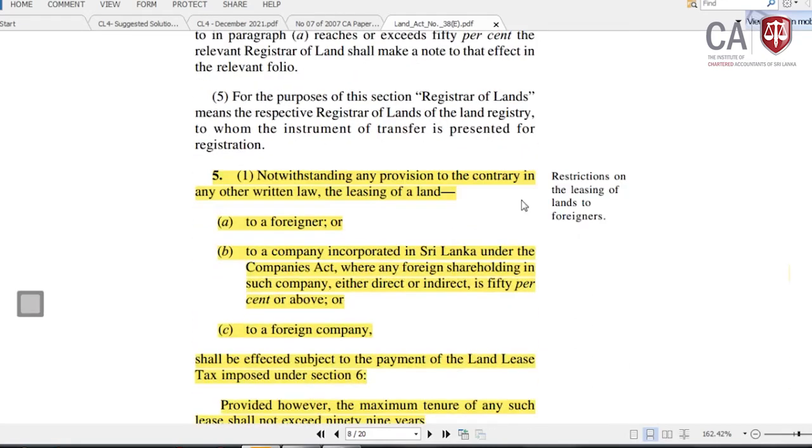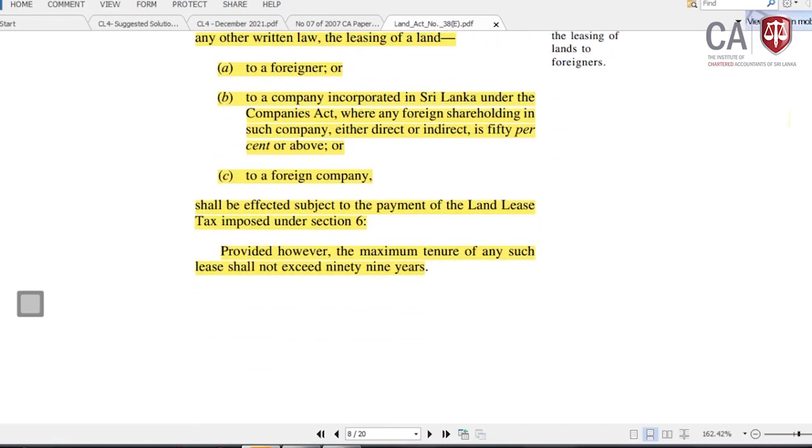Here, notwithstanding any provisions to the contrary in any other written law, the leasing of a land to a foreigner or to a company shall be effected subject to the payment of the land lease tax imposed under the section. This is the requirement, this is the restriction, provided however the maximum tenure of any such lease shall not exceed 99 years.